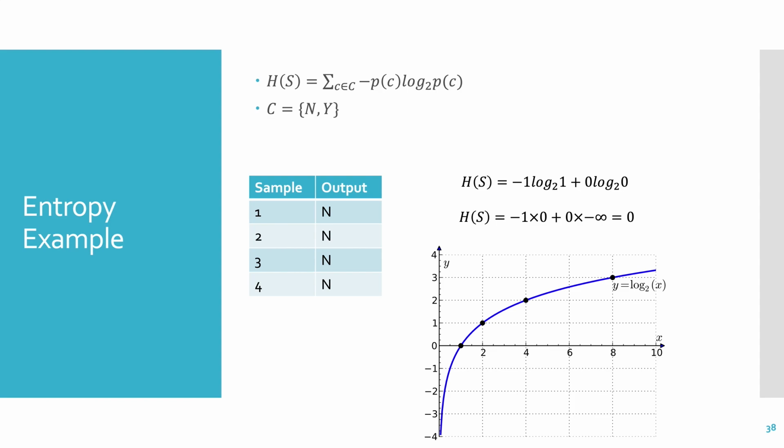We need the probability of yes, which is 0, because there are 0 samples in the dataset with a label of yes. So for the label yes, we have 0 times log of 0. What does this reduce to? It reduces to -1 times 0 plus 0 times -infinity. 0 times -infinity is going to be 0. The 0 always wins. Entropy in this example is 0.